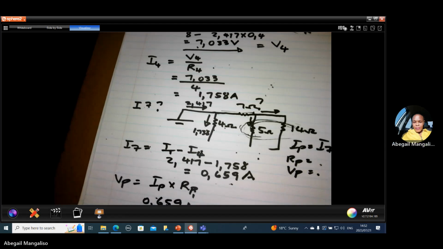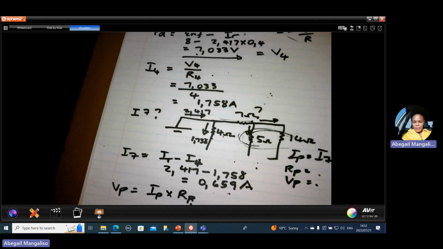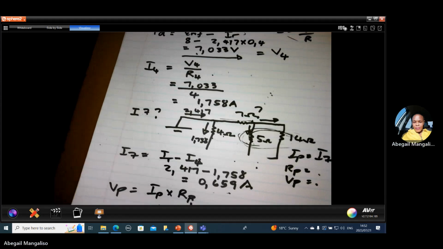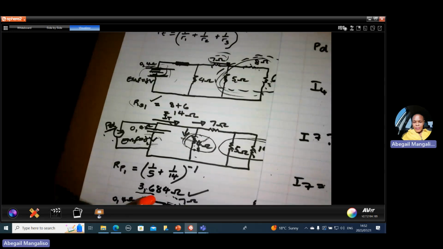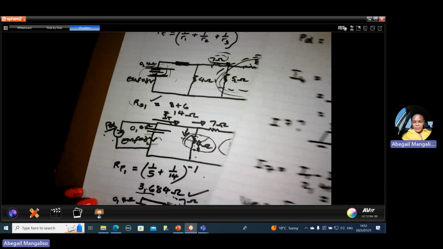So it's 0.659 multiplied by these parallel resistors. We calculated them earlier. Parallel is 3.684.